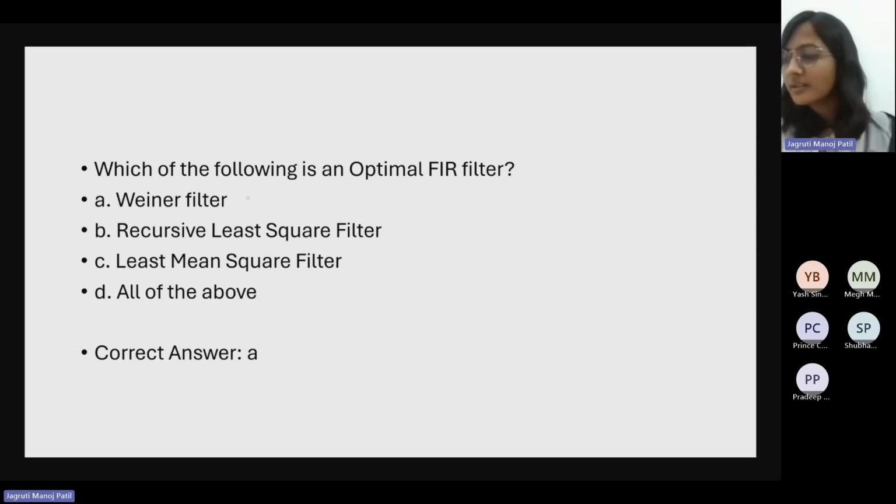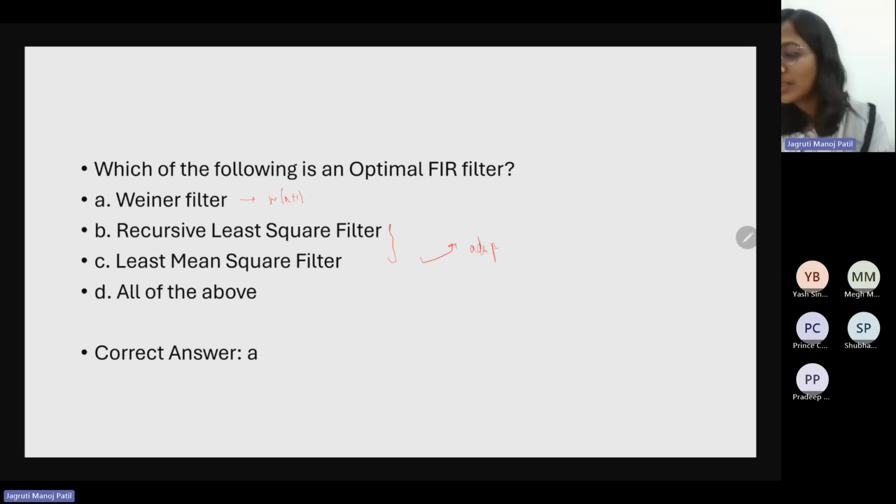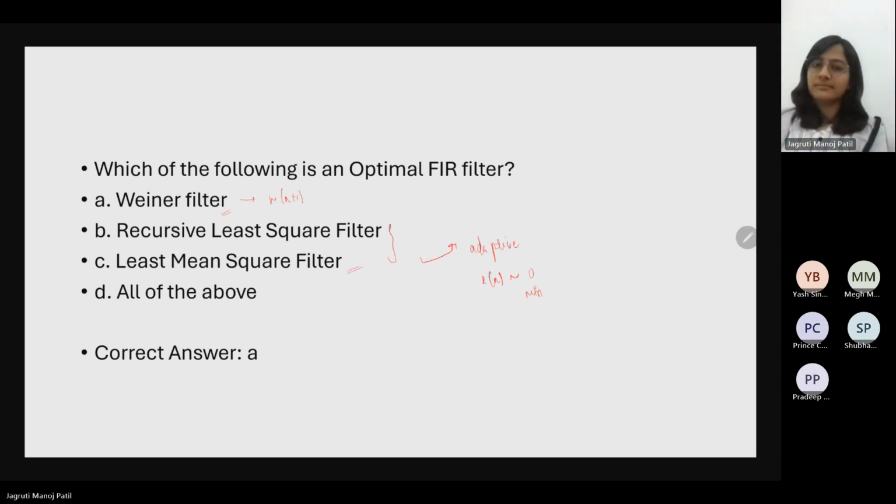If you simply consider that in the Wiener filter, the weight equation is very simply given, whereas in these two, the weight equation can be changed again and again. It's something that you manipulate in order to get the error function approximately 0 or very minimum. So here you have a flexibility to change it, but here you don't have. That's it.